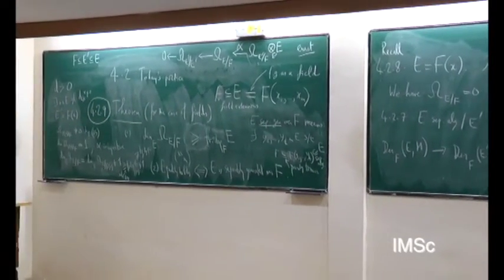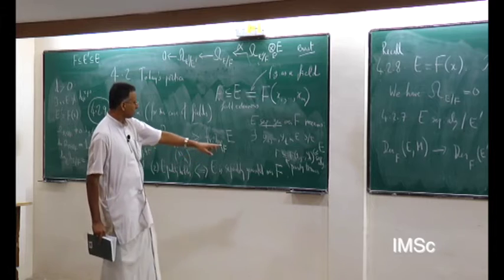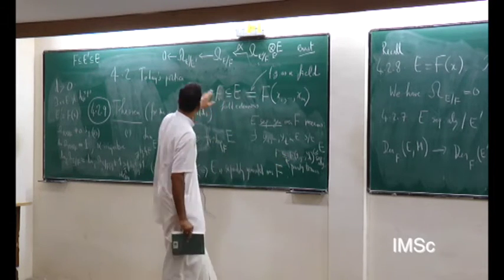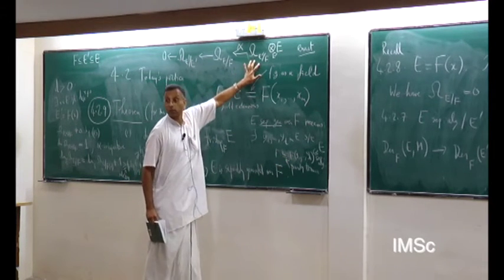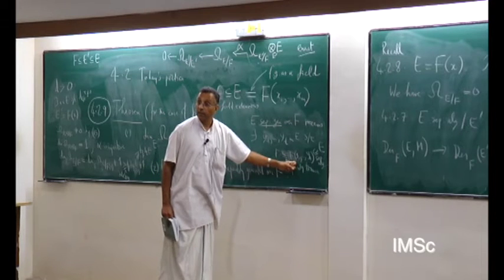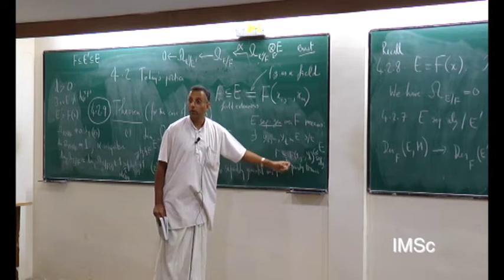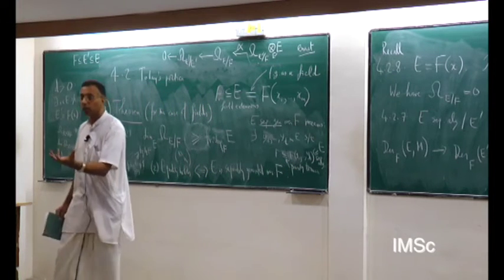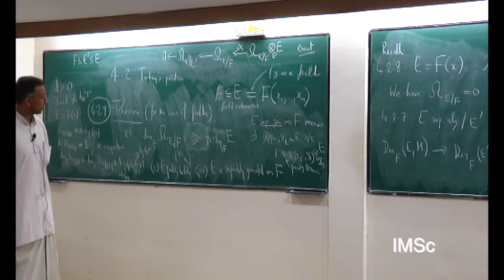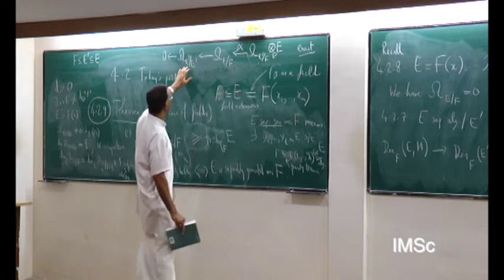Okay, and then what do I know about this? This is a purely transcendental extension. So this is a free module with T generators. I know this is 0.